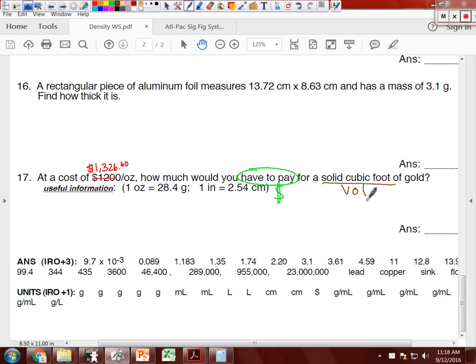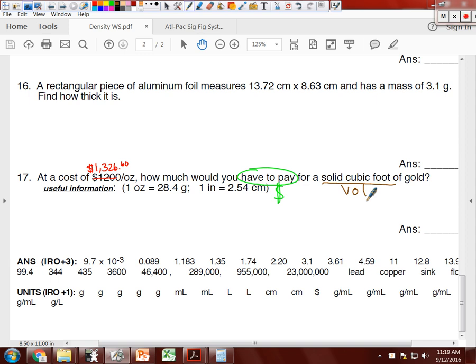Now, I ask this question every year, and students kind of struggle with it. Both of these things are what we call derived units. And what I mean by derived units is how did they get the cubic foot? What do they have to do? Length times width times height. That's how they got the cubic foot. And then the price per ounce is just something that we can deal with in just a second.